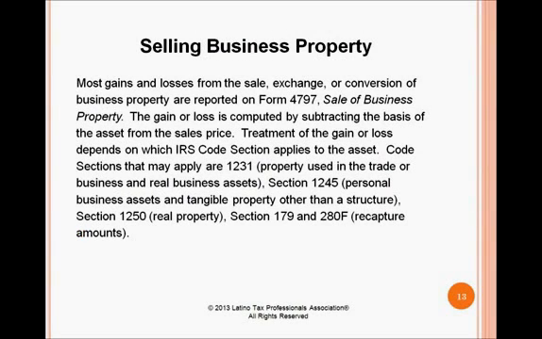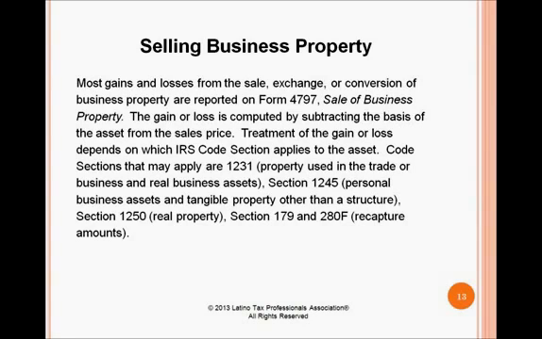Now, selling business property. Most gains and losses from the sale, exchange, or conversion of business property are reported on Form 4797, Sale of Business Property. The gain or loss is computed by subtracting the basis of the asset from the sales price. How much you originally paid for it, and what you eventually sold it for.